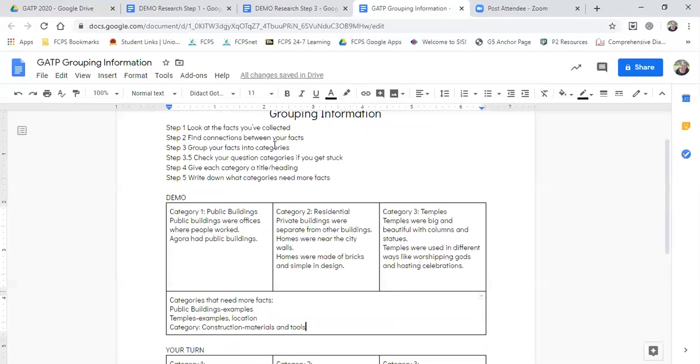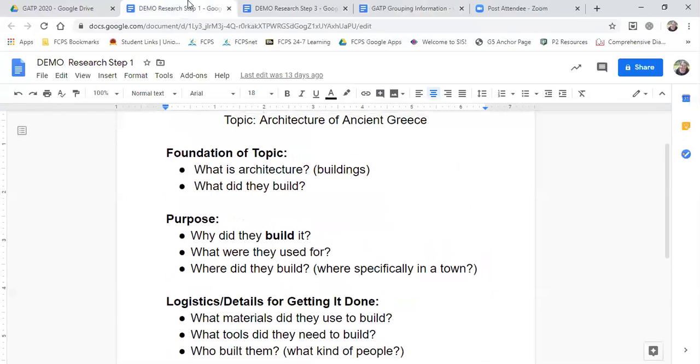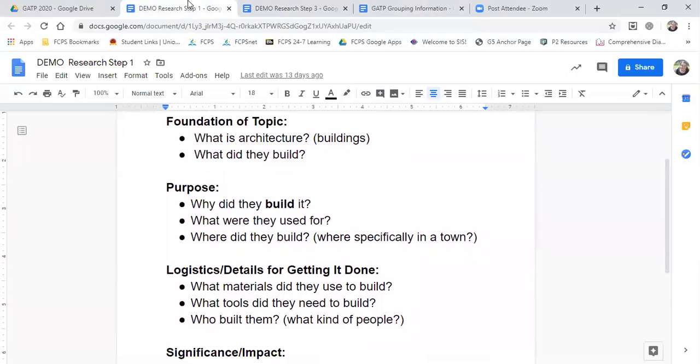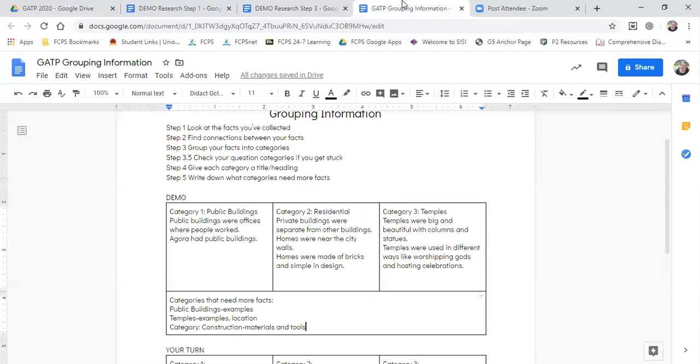So I can find those groupings. My question categories were a little different than what I just chose to do, but I think the way my research is going, I like this idea of seeing the different uses of the public versus private, and then the temples, and like I said, maybe a fourth category of construction.